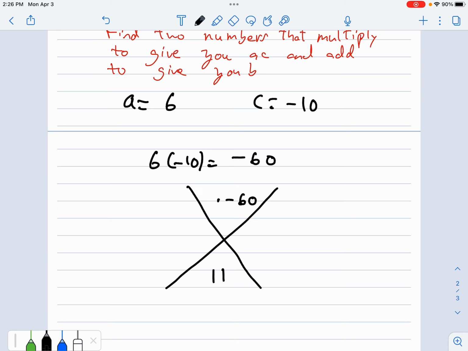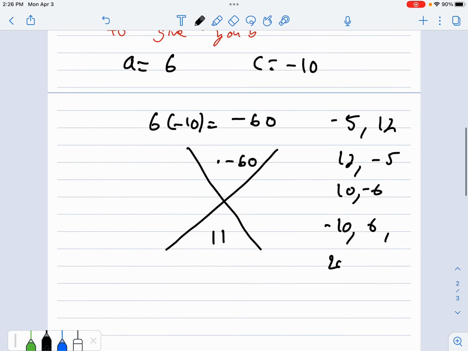So what two numbers would work? The easiest way to do this is to list out all the possibilities, the factors of minus 60. For example, 5 and 12, or 12 and minus 5. There's also 10 and 6, or 10 and minus 6, or minus 10 and 6.